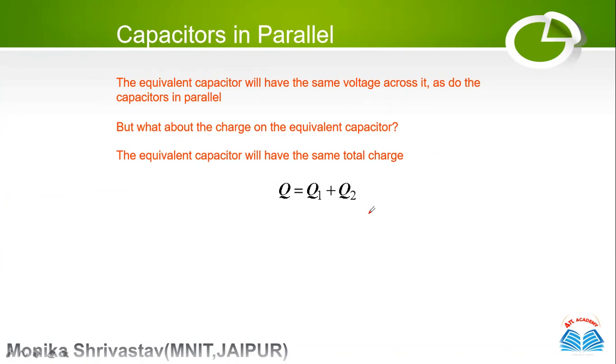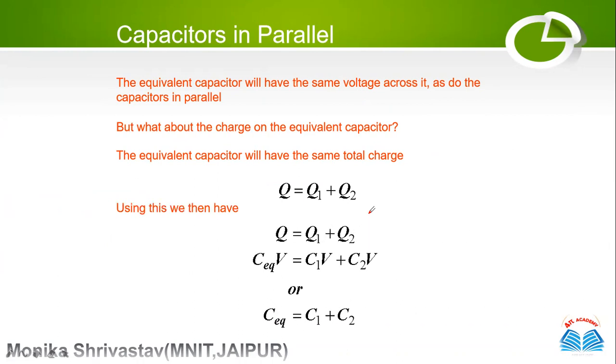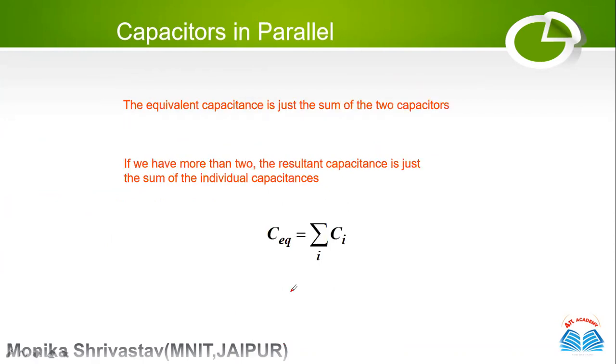The total charge is the sum of the charges on those two plates, and thus the equivalent capacitance is C equals C1 plus C2. If we sum all the capacitances, then we get the equivalent capacitance.